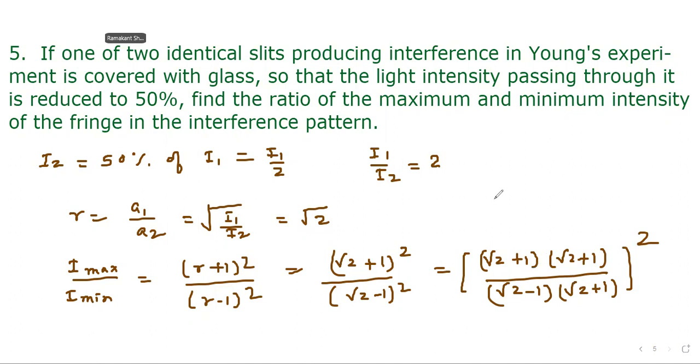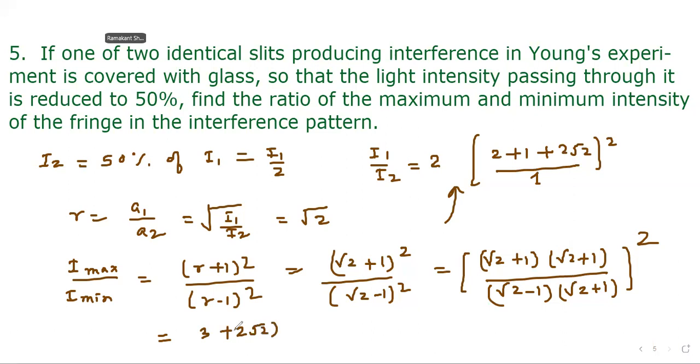So here in the numerator we will get (2 plus 1 plus 2 root 2) whole square, and in denominator we will get 2 minus 1, that is 1. So our ratio will become (3 plus 2 root 2) whole square divided by 1, and 1 is not needed.